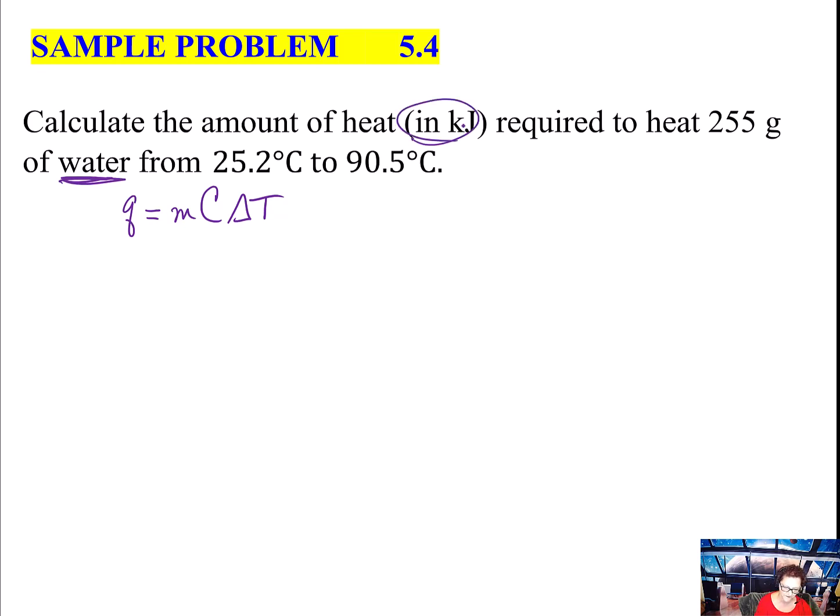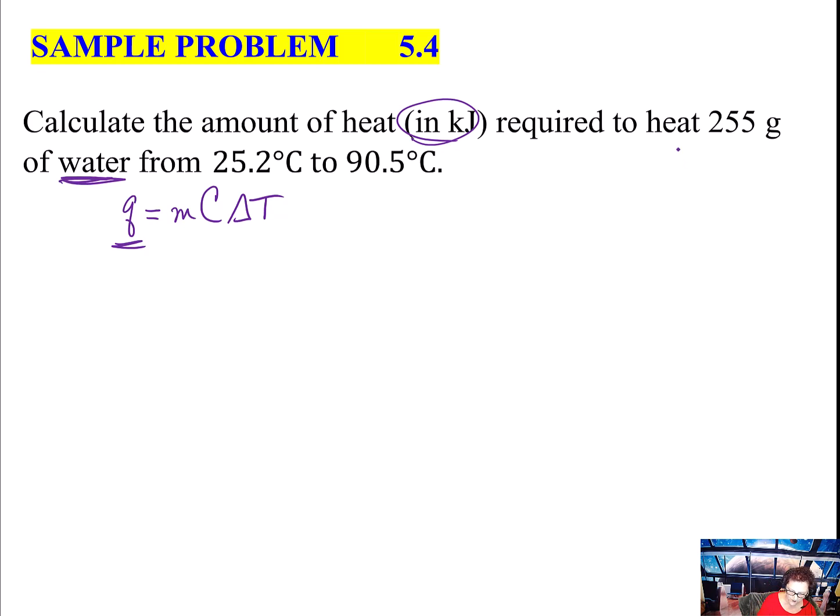Heat is the Q, M is mass, C is the specific heat, and delta T is the final minus the initial. It's always a good idea when working a problem to take inventory of what you have. Anytime you have a constant like C, you want to make sure that everything is going to be in those same units.